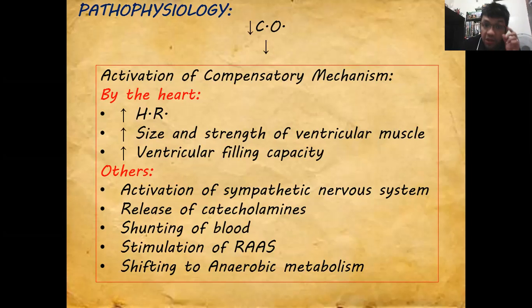Or also the stimulation of the renin angiotensin aldosterone system. If you can recall your nutrition, we've discussed all about this regarding the decreased... if the body constantly detects a decrease in blood pressure, the renin-angiotensin-aldosterone system is going to be activated.